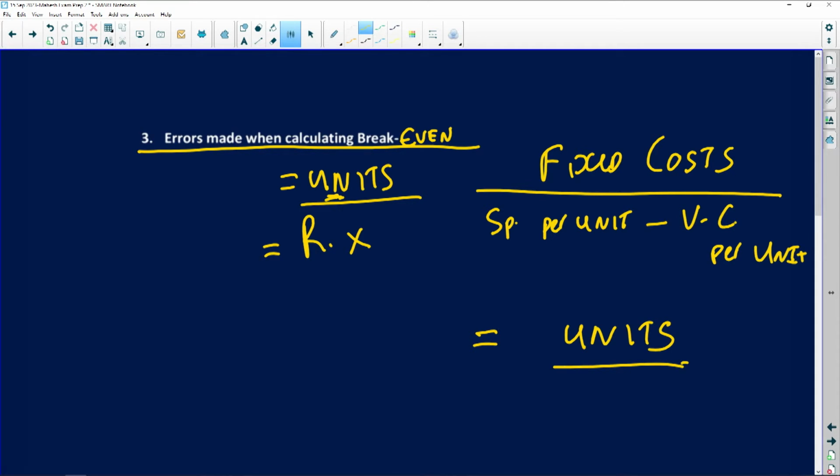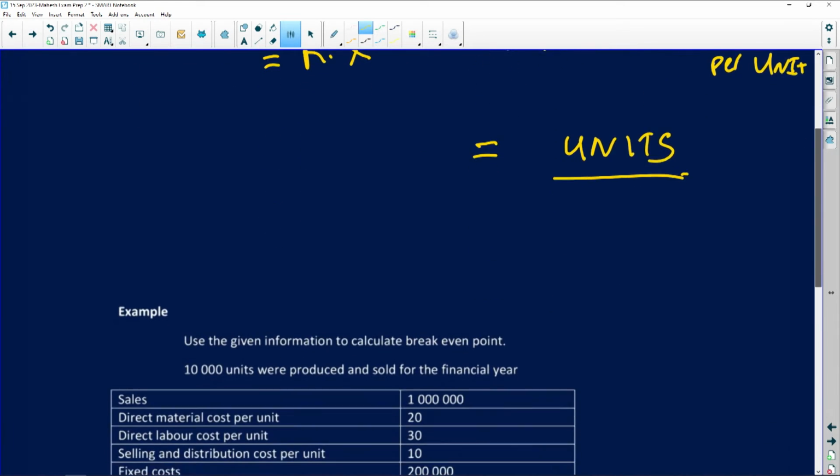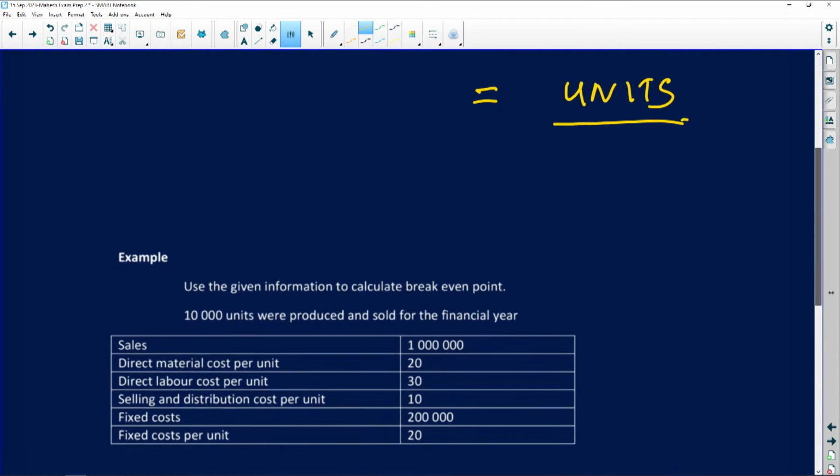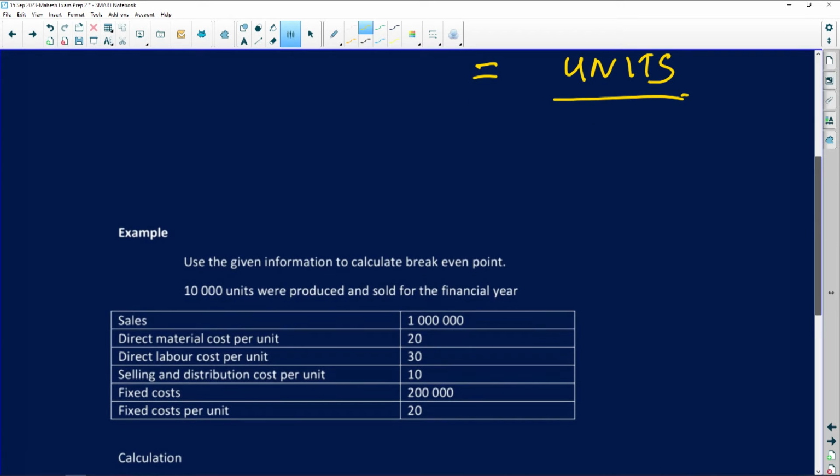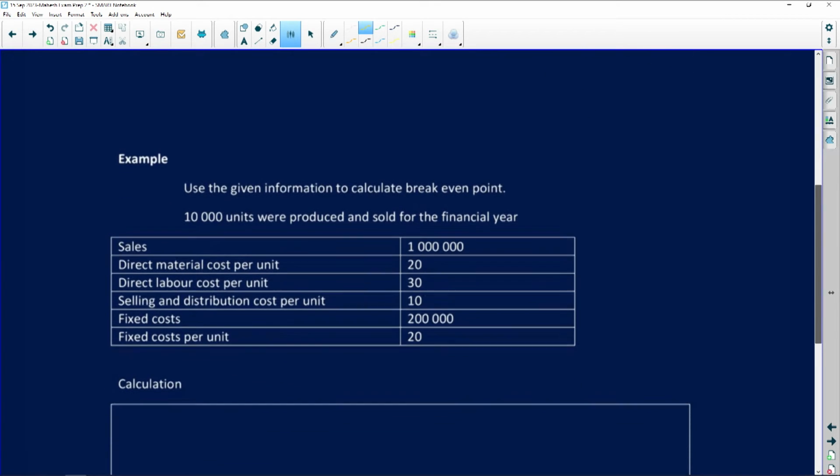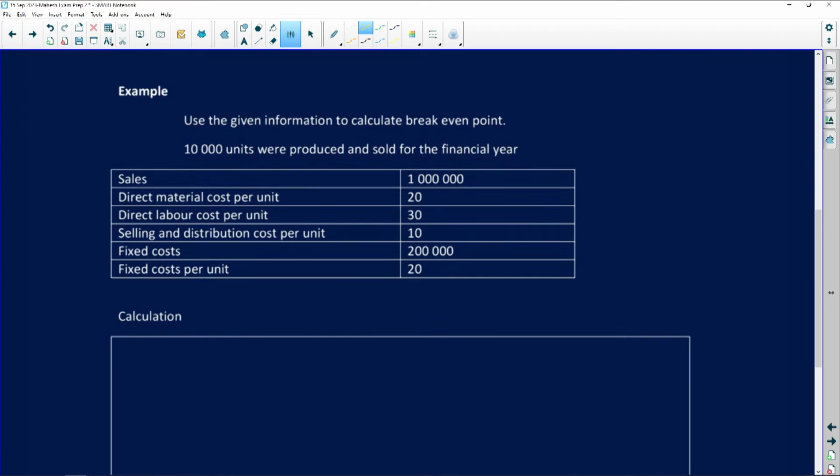So fixed costs, we often do see this error, and I think here, let me just go straight to an example because there's not much time left, and I think it's going to help if I'm explaining using the example. So in this case, use the information given to calculate the break-even point. 10,000 units were produced and sold for the financial year.